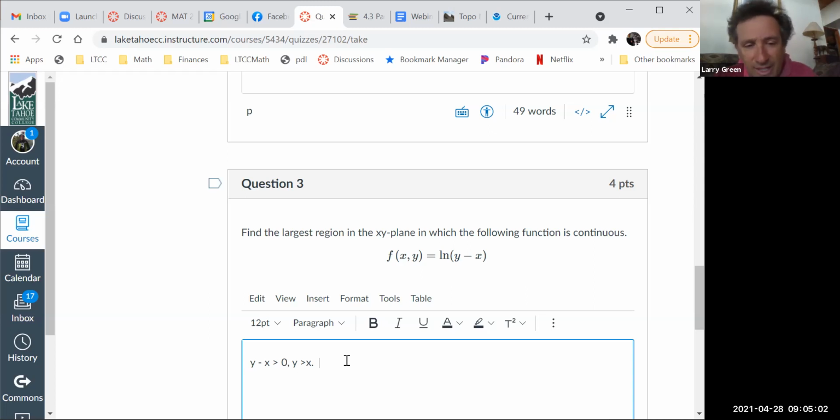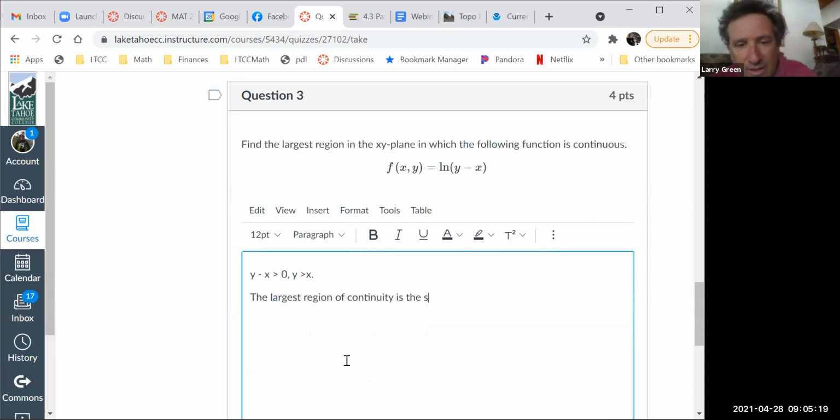So the answer is the set of all points, the largest region of continuity is the set of all points, so it's the set of all x comma y such that y is greater than x.